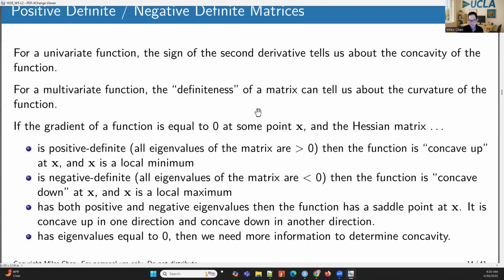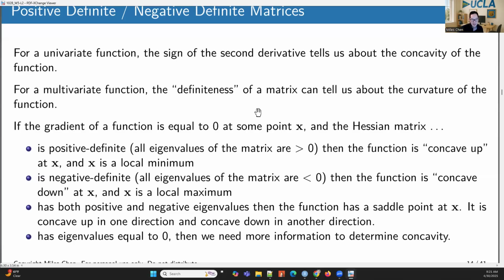A matrix can be positive definite or negative definite. If a matrix is positive definite, when you calculate all of the eigenvalues of the matrix, all of the eigenvalues are positive. So if you have a positive definite Hessian matrix, then the function is concave up. You can think of a bowl with a minimum at the bottom.